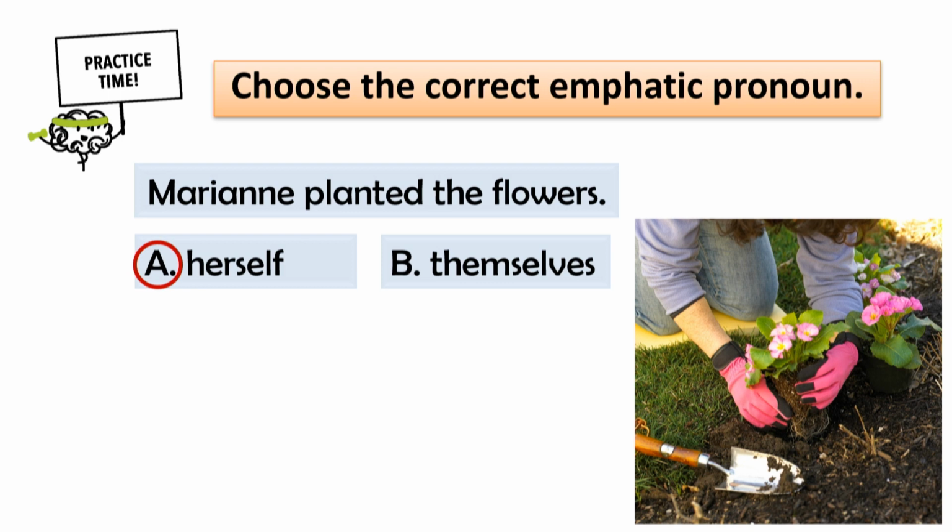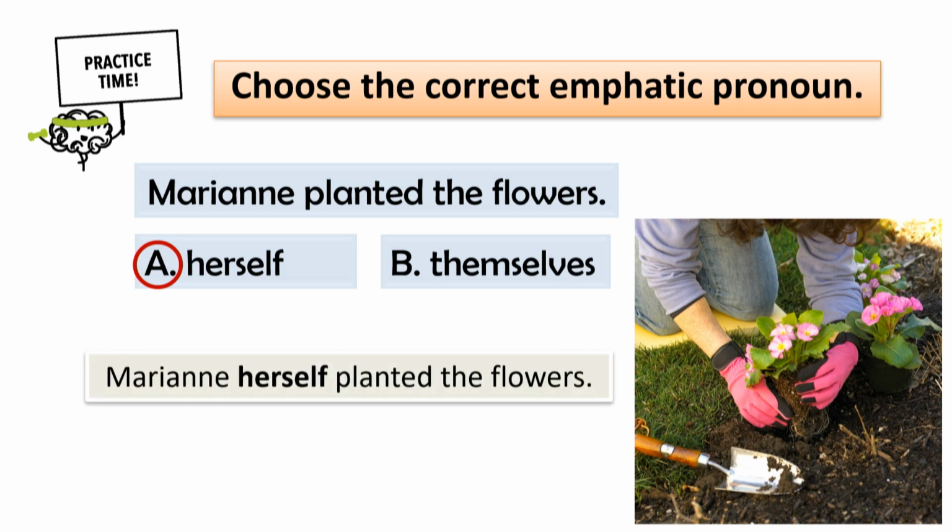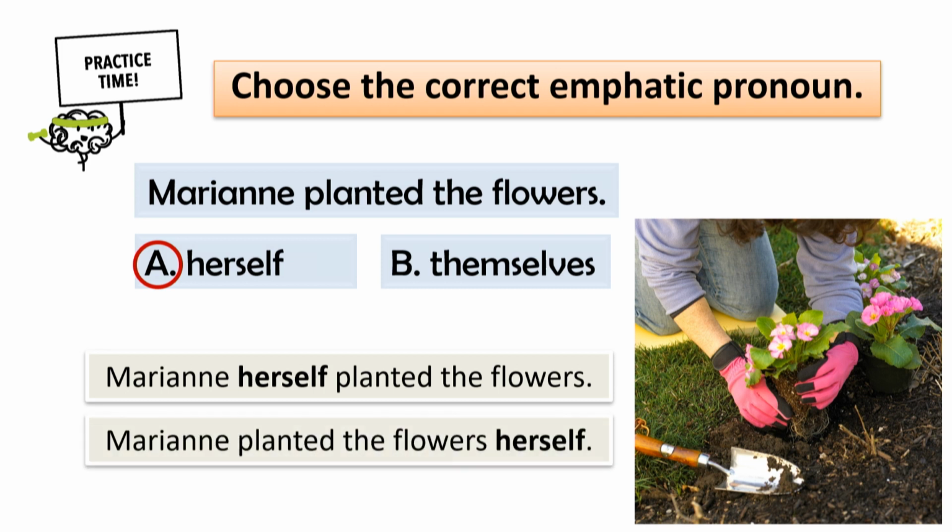Where can you put the emphatic pronoun herself? Exactly. You can put it after Marian. Marian herself planted the flowers. Or you can put it at the end of the sentence. Marian planted the flowers herself.